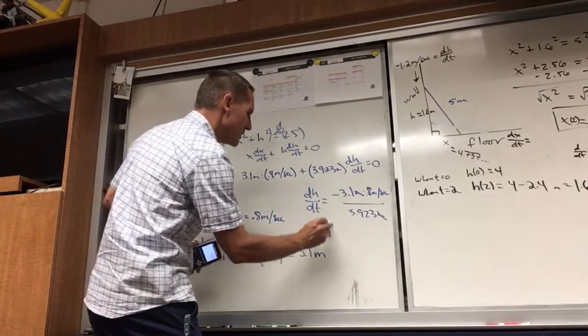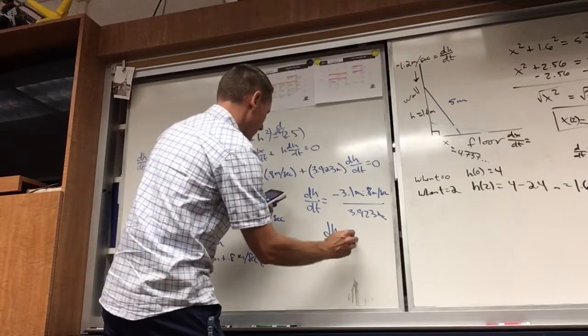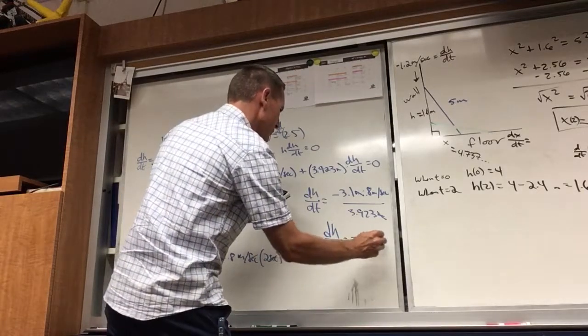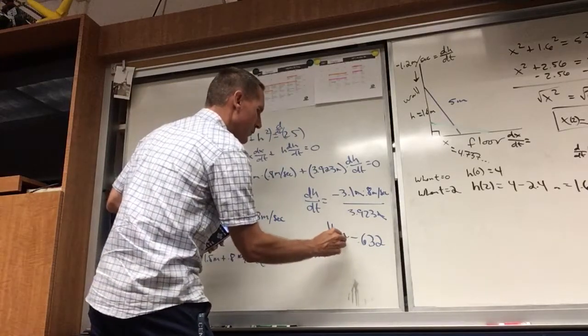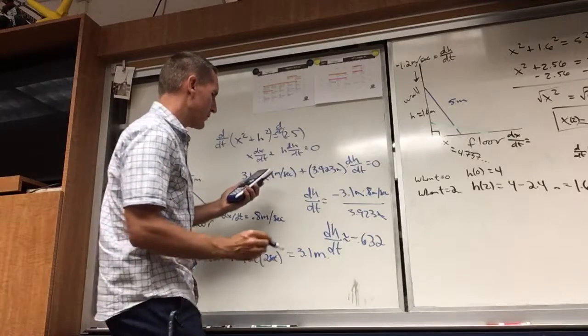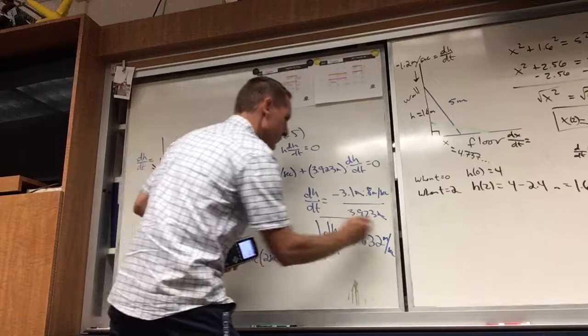So dh/dt is approximately equal to negative 0.632 meters per second, because I am going to round.